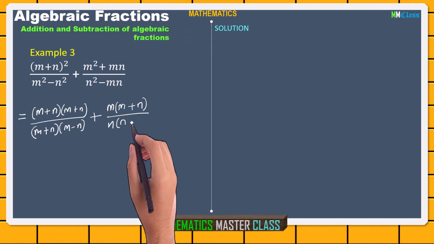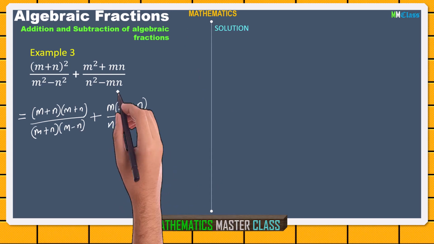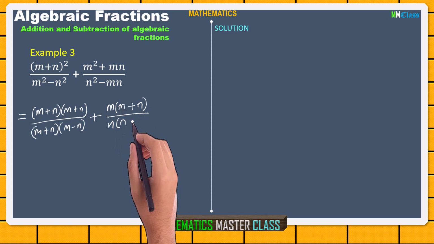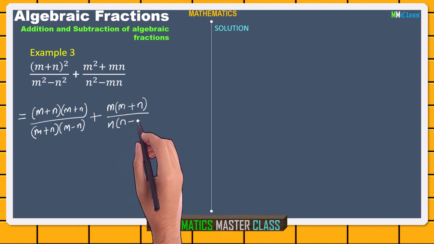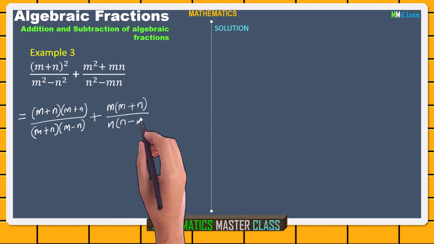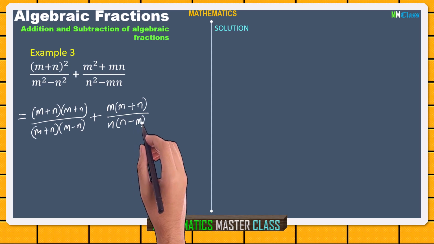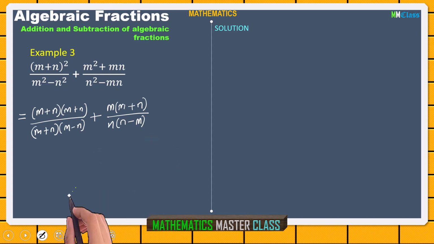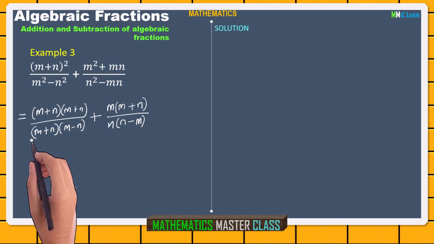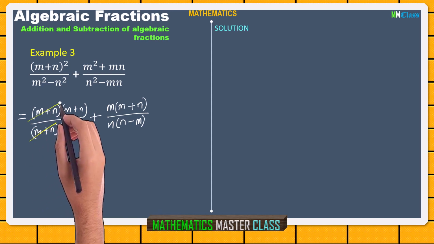So we have this n to go into mn, gives us minus m, minus m, close bracket. So after this factorization, we find out that there are common factors. So we have to cancel them out. Like this plus now, cancel out this one.